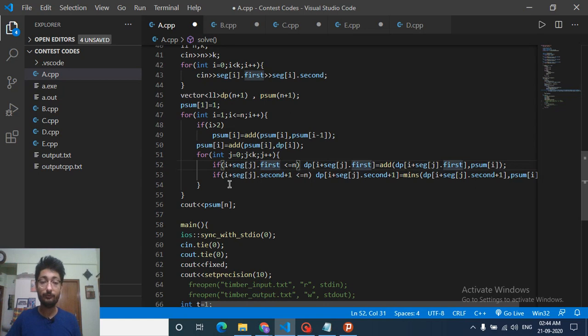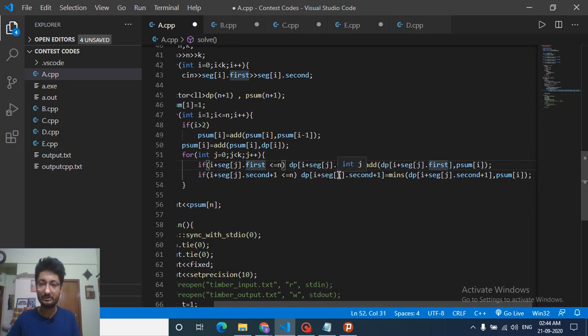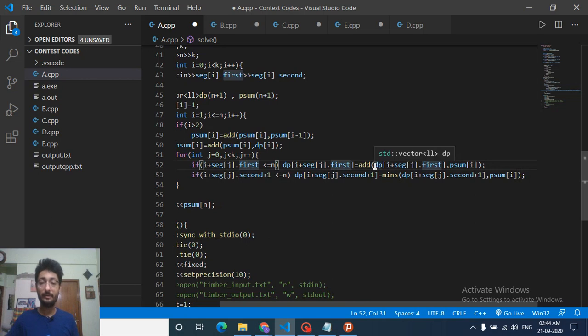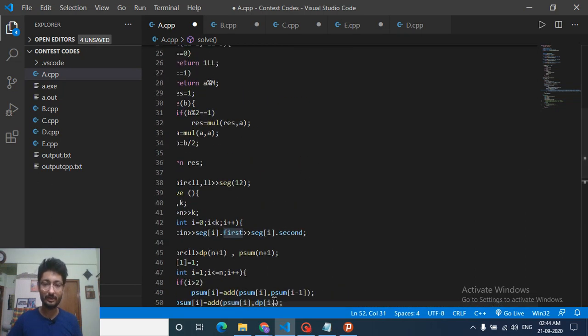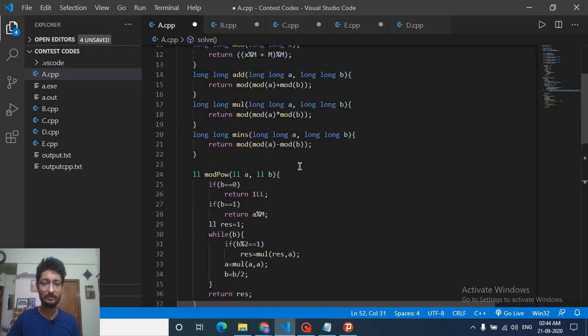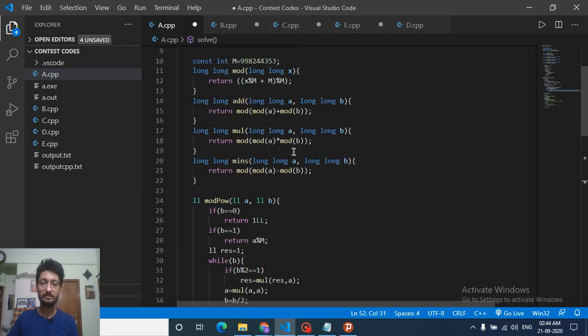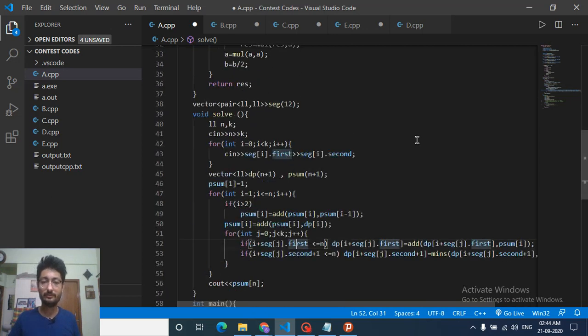Then I have to check whether this is also in bounds. If it is in bounds, then I take the DP value at that state and do a minus, a negative of that current value, of the psum. So these are two functions which I made to make my modulus operations very simple. This is the add function, this is the minus function, which just take the modular value and easily do addition and subtraction.